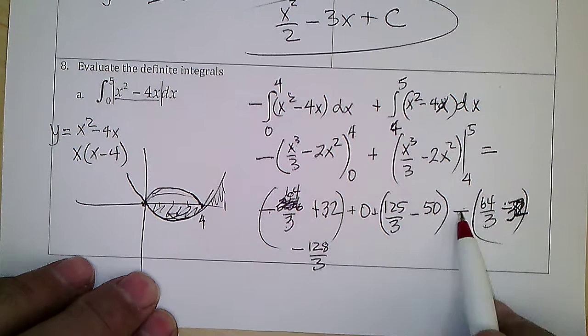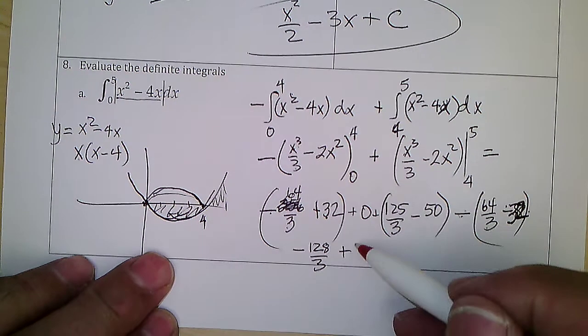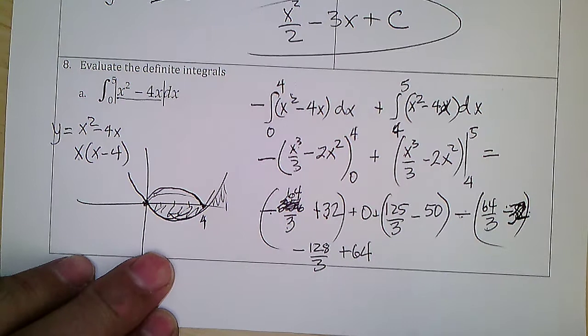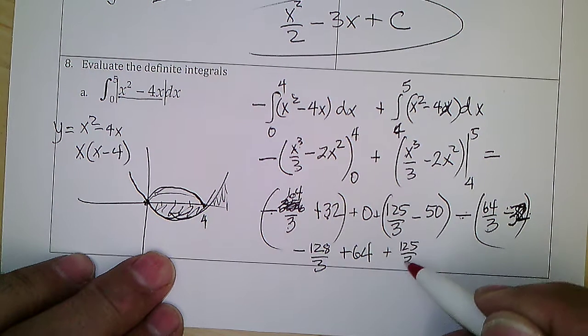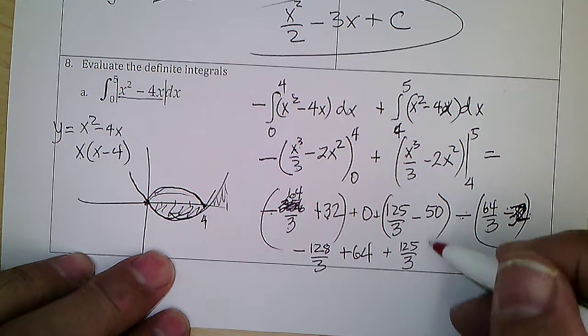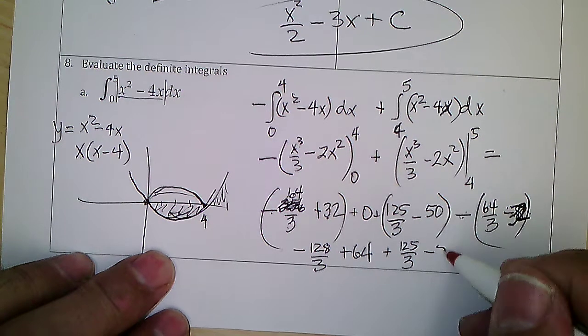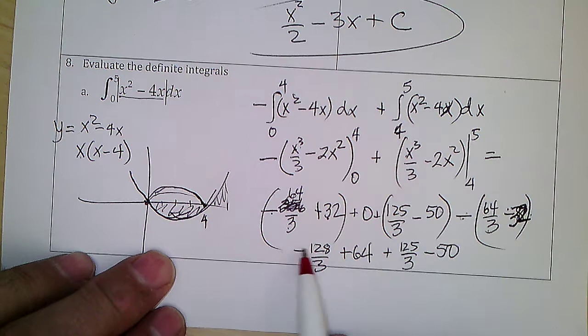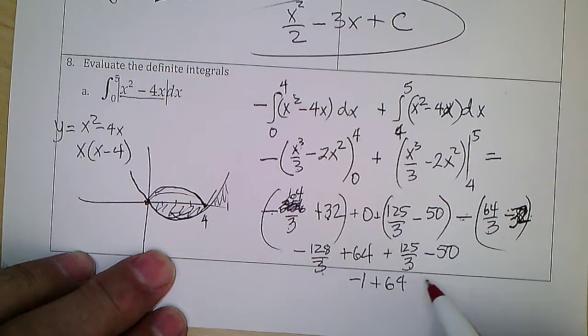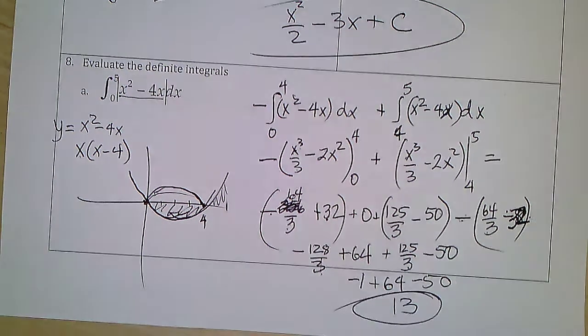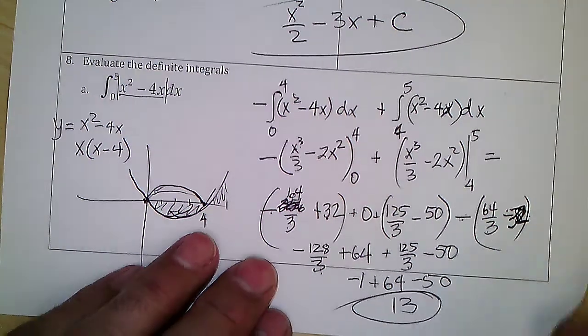Plus 32 plus another 32 is plus 64. Plus 125 over 3 minus 50. Minus 128 over 3 plus 125 over 3 is minus 3 over 3, or minus 1, plus 64 minus 50, which is 13. Okay.